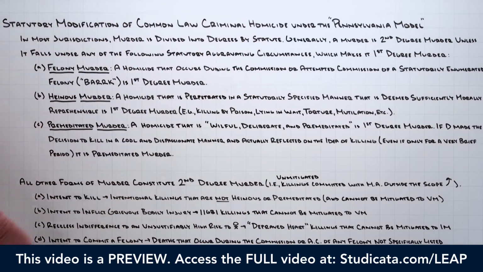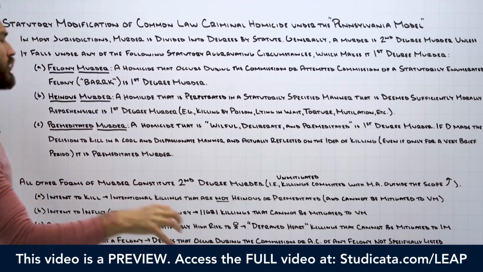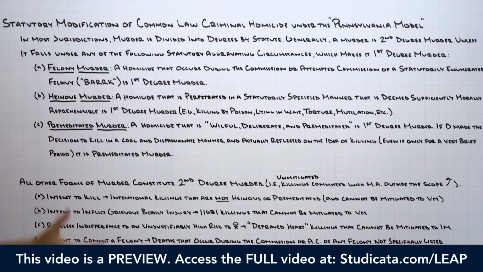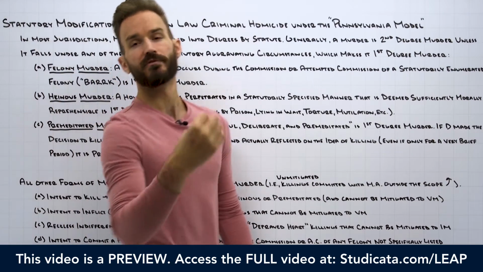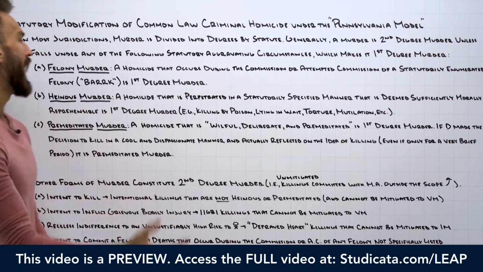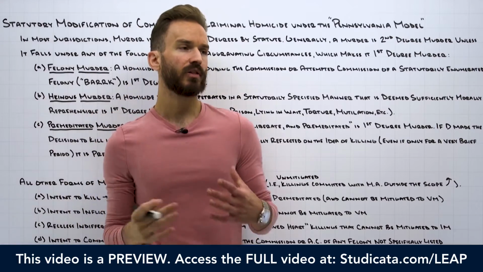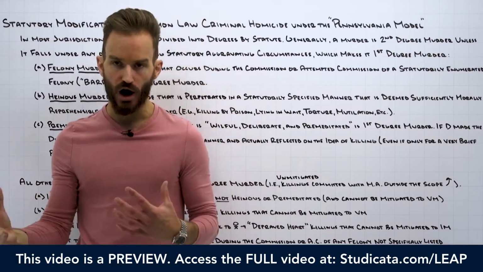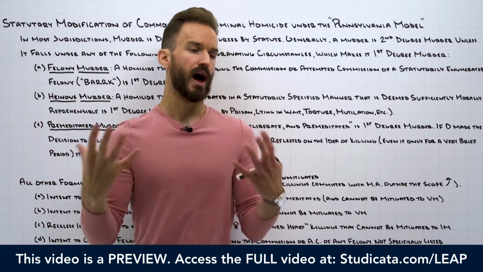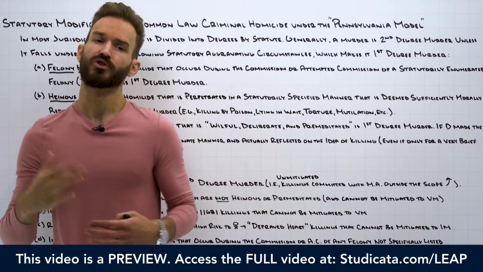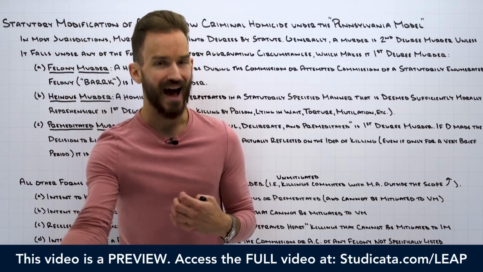So any homicide that occurs during the commission or attempted commission of those statutorily listed felonies, which is often burglary, arson, rape, robbery, and kidnapping, is going to be first-degree murder. And if you remember back on our felony murder rule lesson, we said felony murder is basically crimes gone wrong. We talked a lot about the robbery gone wrong. The defendant attempts to rob someone, and during the commission of that robbery, the victim has a heart attack and dies, right?